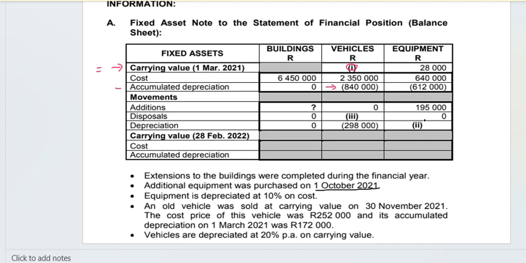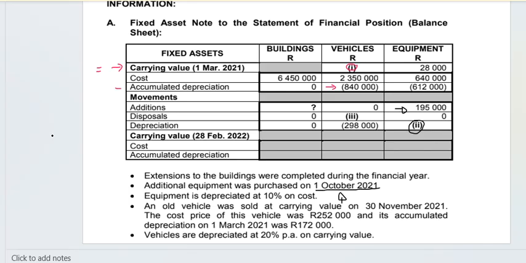We were not told the value of the new equipment, but here there is an addition. This addition tells us the amount of introduced new assets in the business.